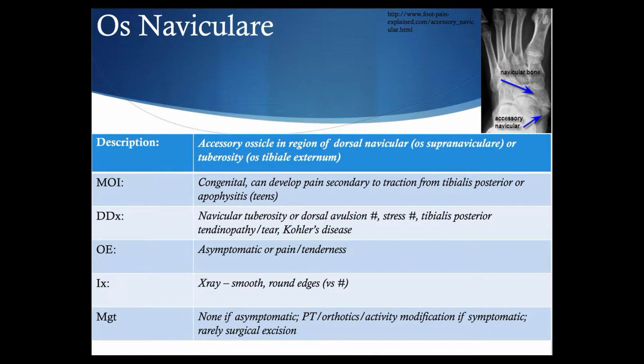Certainly they can be found incidentally, but also when it comes to reviewing fractures and symptomatic lesions, one has to think of this as the differential, whether you're dealing with a true fracture or pain secondary to this accessory ossification center. Treatment could be none if incidentally noted and you're confident that it doesn't represent another injury, and certainly varying degrees of treatment otherwise if symptomatic.